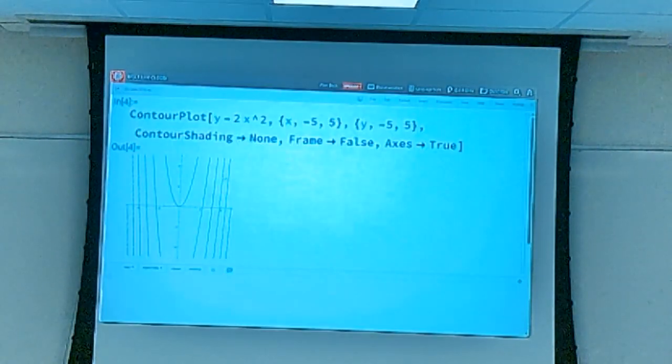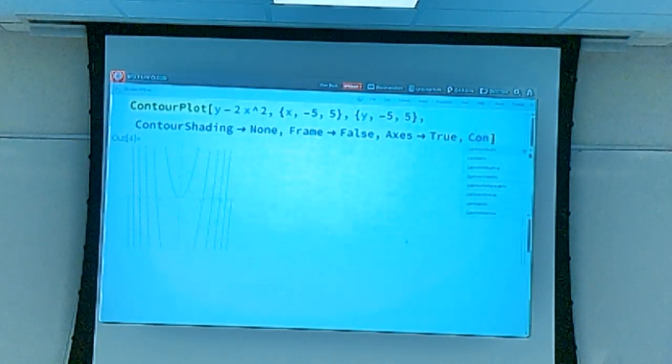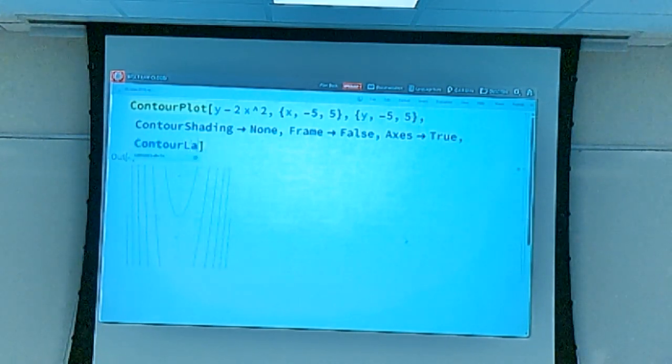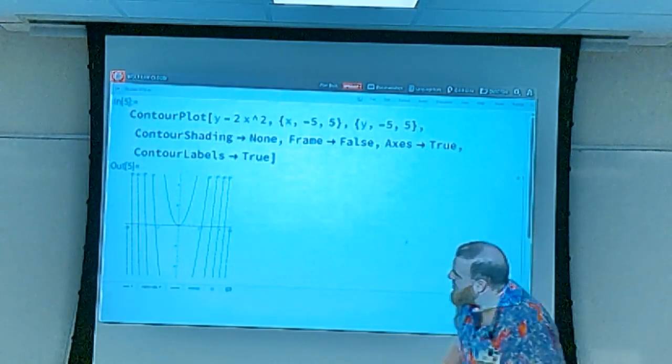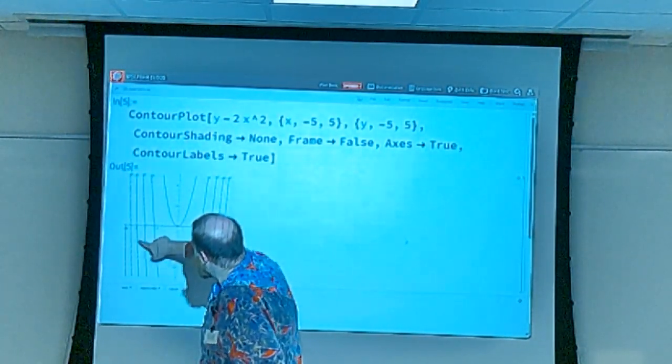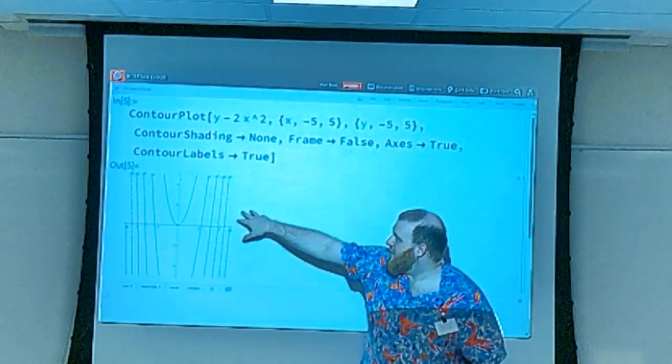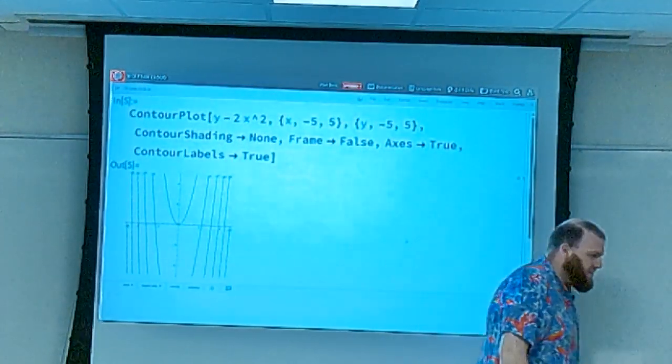You can label that on the plot. There's contour labels. Now you can see that they are above. There's actually one below too. There's the 0, there's -50, -40, -30, -20, -10.